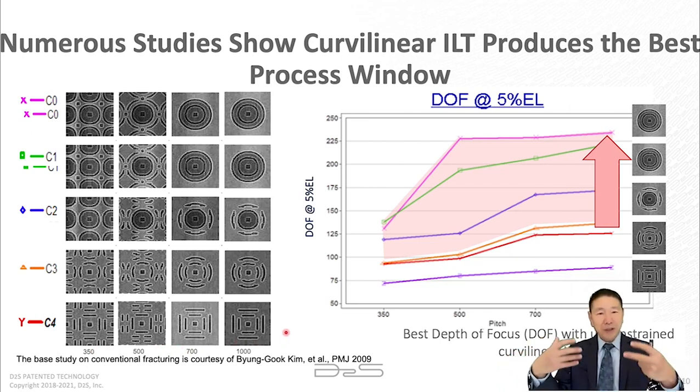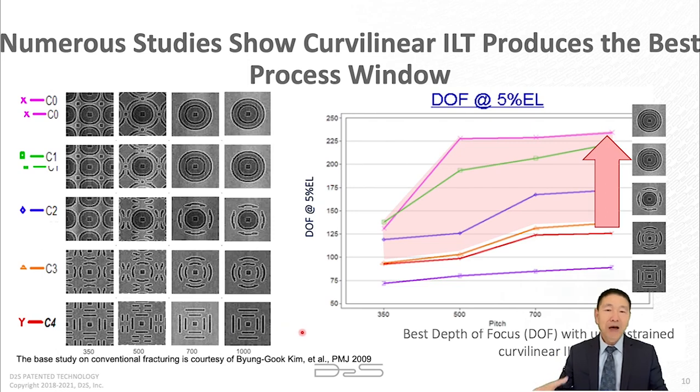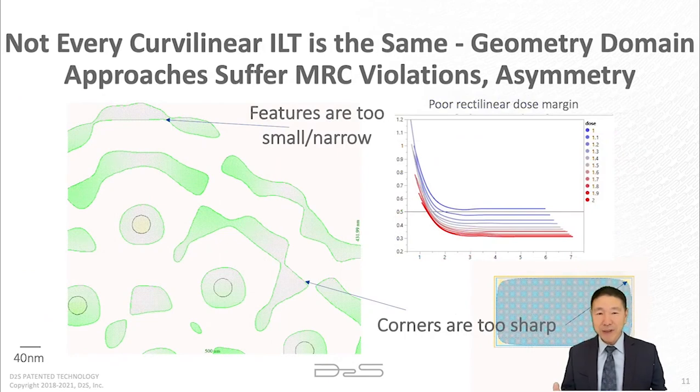Luminescent generated those different flavors of ILT patterns, from something really simplified like OPC scattering bars all the way to the ideal curvilinear ILT patterns. And it shows for every pitch, the full curvilinear ILT mask pattern gives the largest depth of focus. Not every curvilinear ILT gives you the same result.